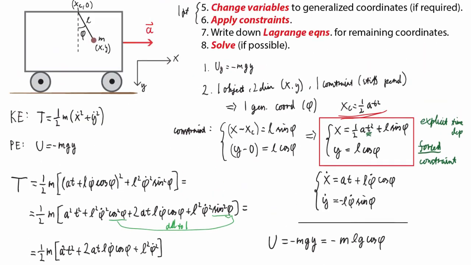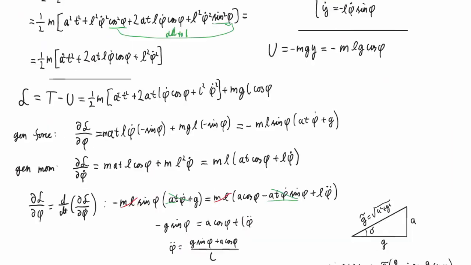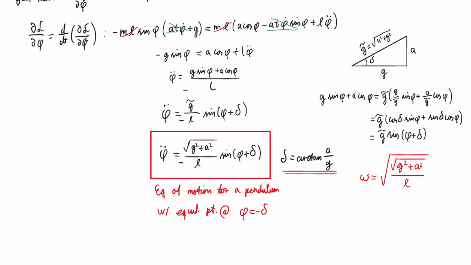So what we get in here is that this pendulum will swing around some new equilibrium point here that's located at minus delta, so it's in the opposite direction of the acceleration here. So it will swing around this point, and the frequency of oscillation is going to be given by this expression.